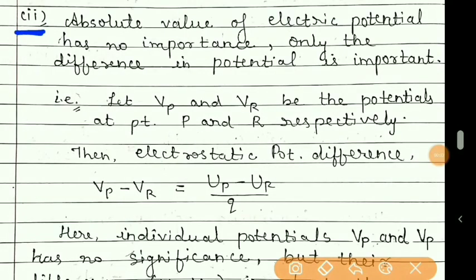Next point, the things which were earlier explained for the electrostatic potential energy, the same thing is here for electrostatic potential. The individual potentials at any point, suppose this is the potential at point P, that is Vp, potential at point R is Vr.